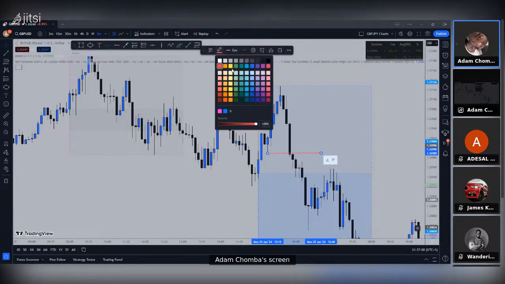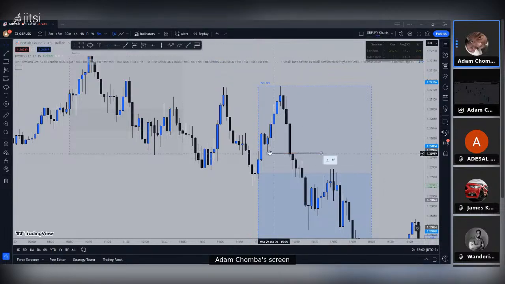Okay, so let me put that as black. This lowest wick.